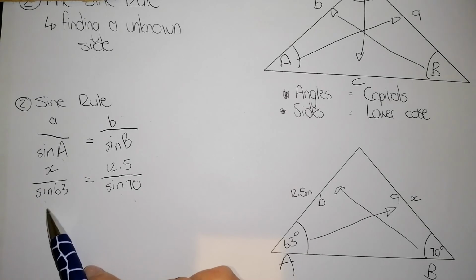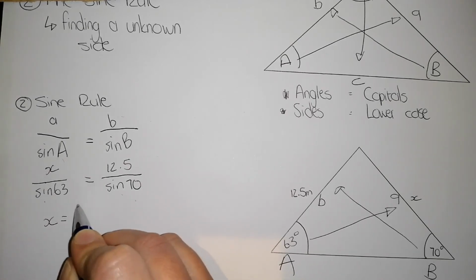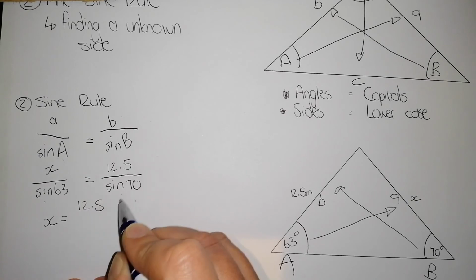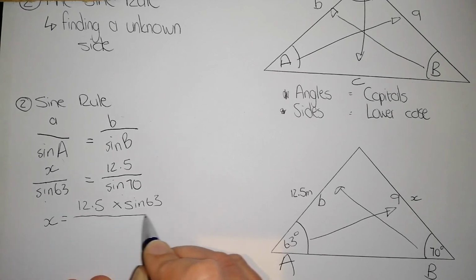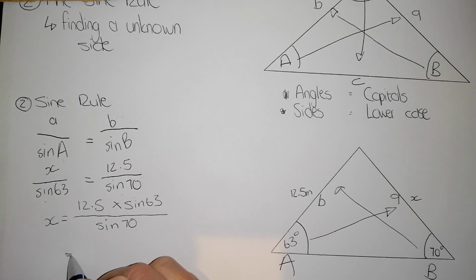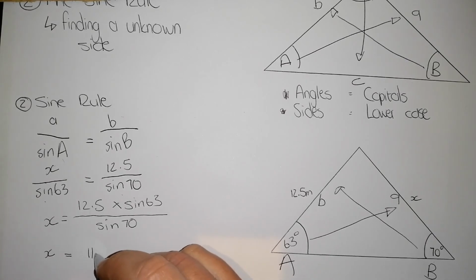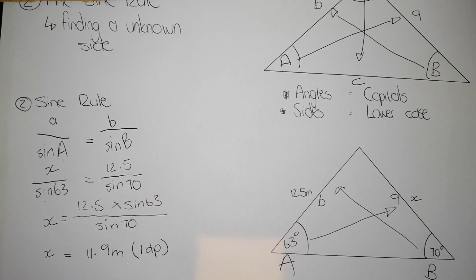So if I cross multiply and calculate it further, I'm going to have x is equal to 12.5 multiplied by sin of 63 divided by sin of 70. Type that into my calculator and I'm going to find an x value of 11.9 meters. Remember the degree of accuracy, in this case it is 1 dp. And that is how you do the sine rule to find the unknown side length.